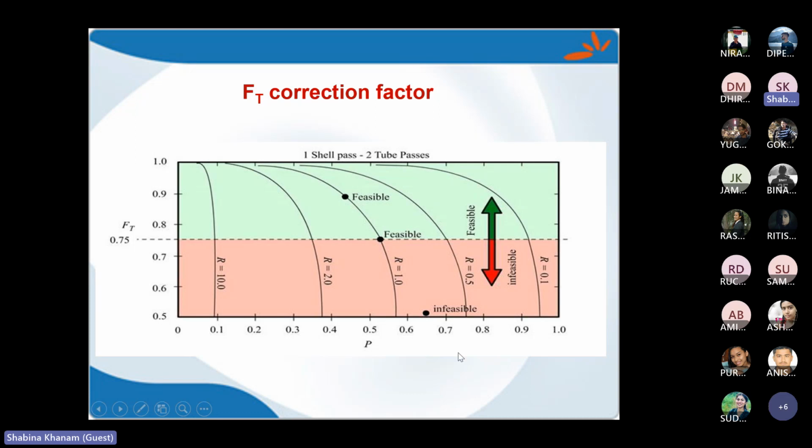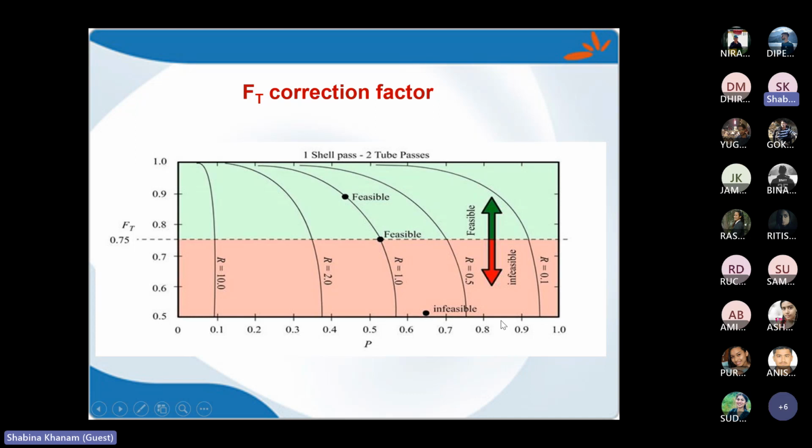If you consider two shells and four passes, this is 1-2, 2-4, 3-6, it moves like that. For all these combinations, the FT correction factor graph would be different. This is only for 1-2; for 2-4 the graph will be different, right? Same pattern, but the values will be different.